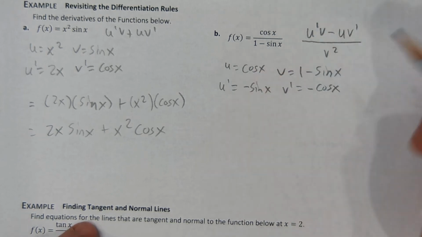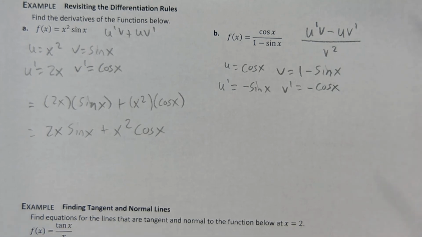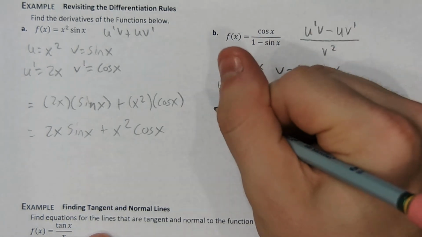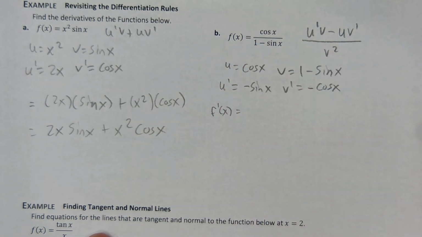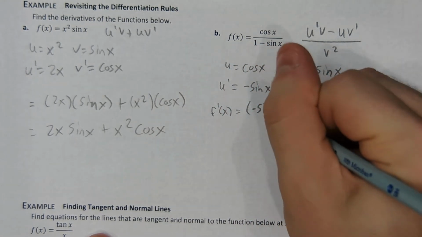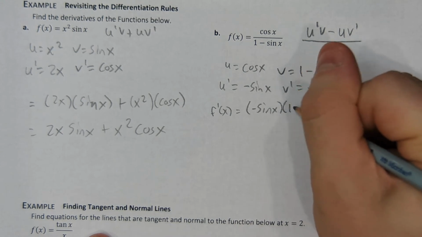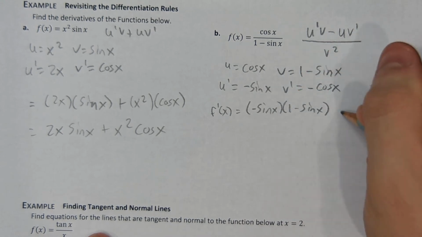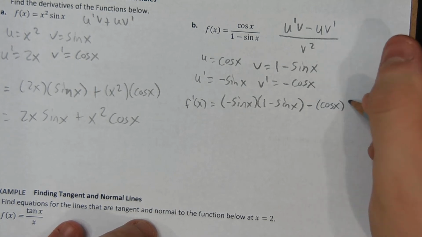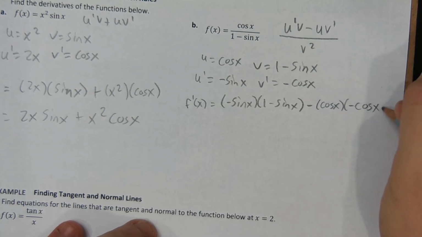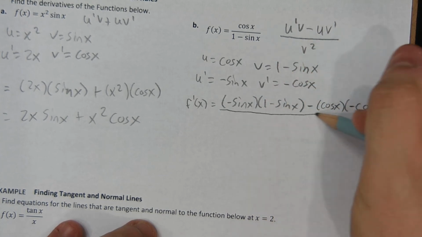Now we just fill it out. And I'm realizing that I'm going to run dangerously low on space here, so don't write large. U prime v minus u v prime all over v squared.